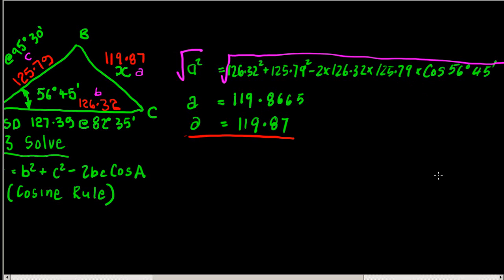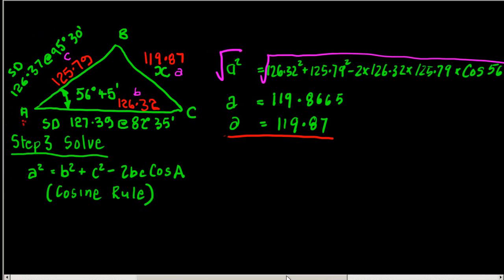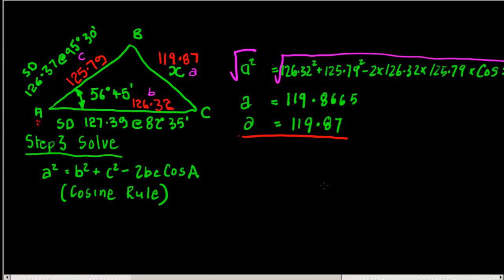Notice I haven't left off the 9 this time, and then that's multiplied by the cosine of 56.45. Now, of course, that's for a squared. We don't want a squared, we just want a, so we're square rooting both sides. So a equals the square root of all those numbers, 119.8665. Rounded, a equals 119.87. So there you are, QED, quite easily done.